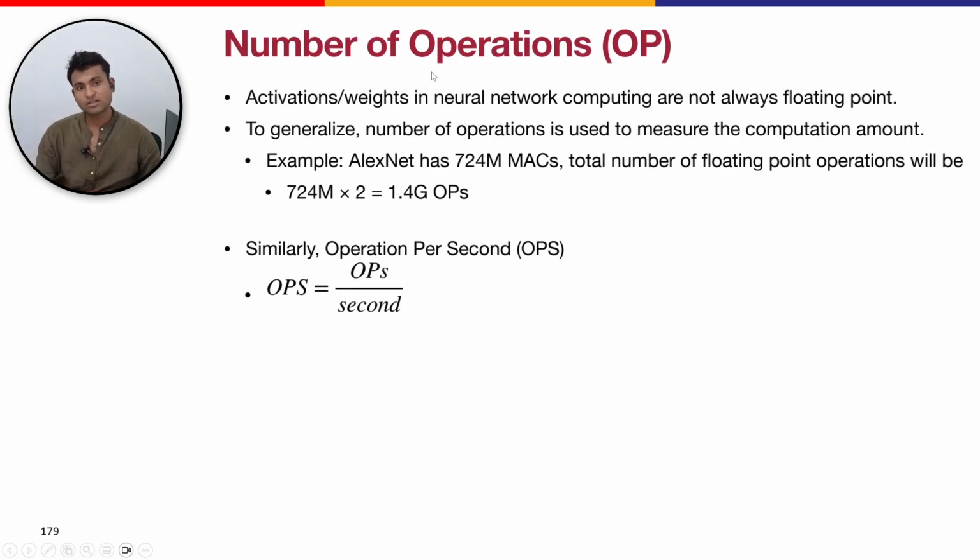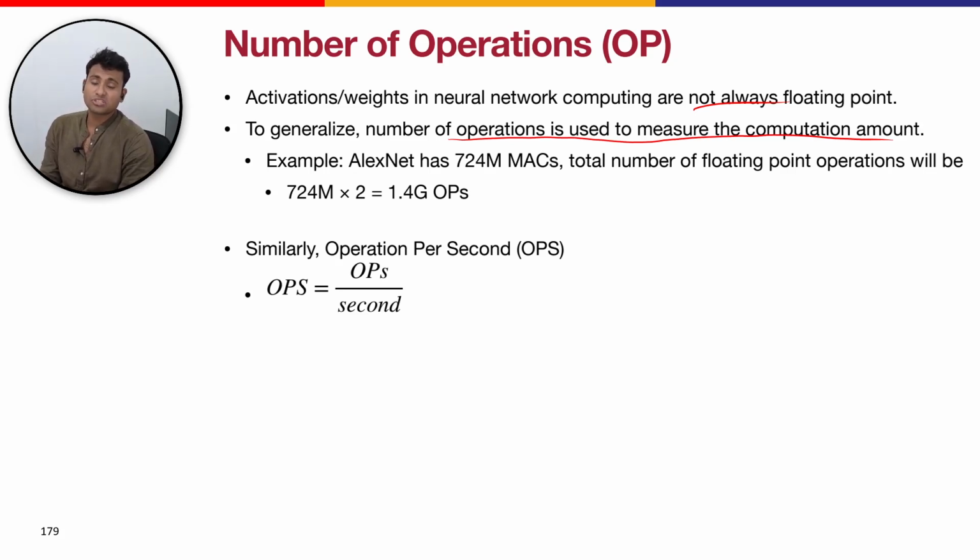As I told you, we'll be discussing the number of operations. It's not necessary that all the operations are floating point. That's not a necessary condition. To generalize, the number of operations is used to measure the computational amount. Any processor can handle a particular data type. Floating point is something which most of these embedded devices should cater to, they definitely have to.